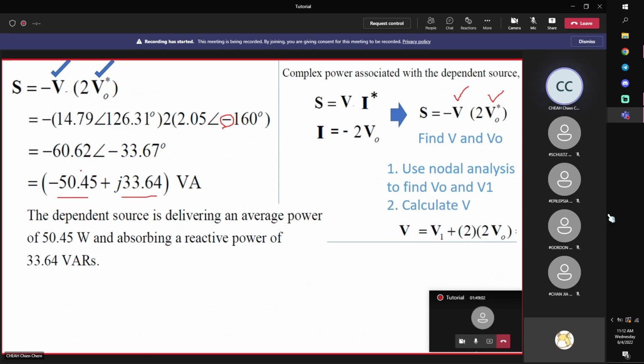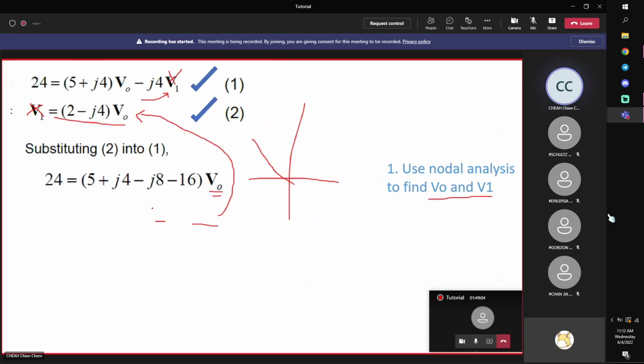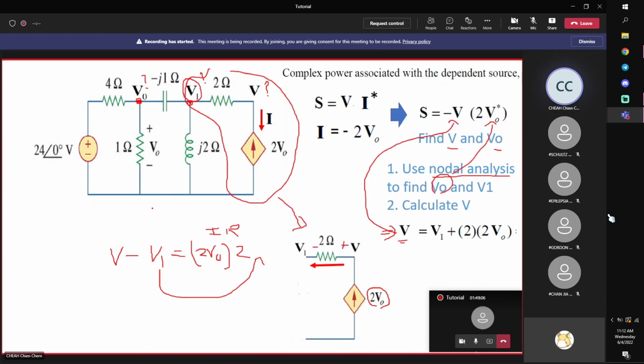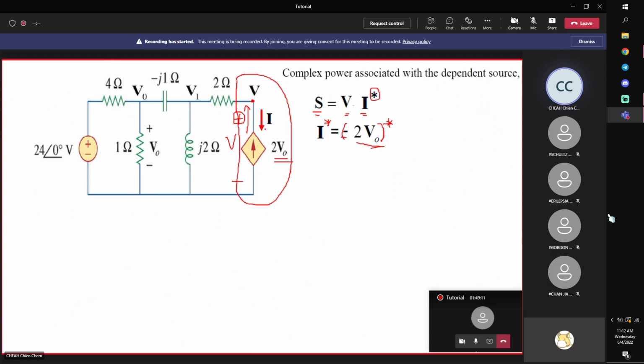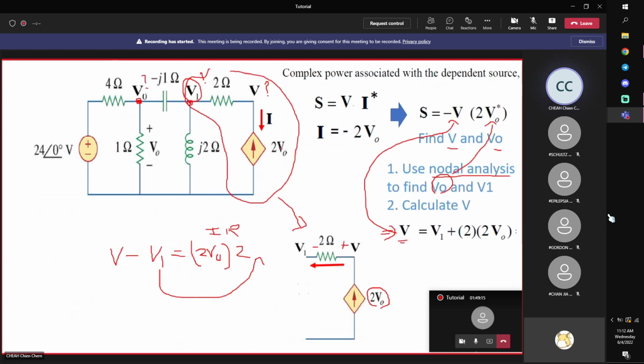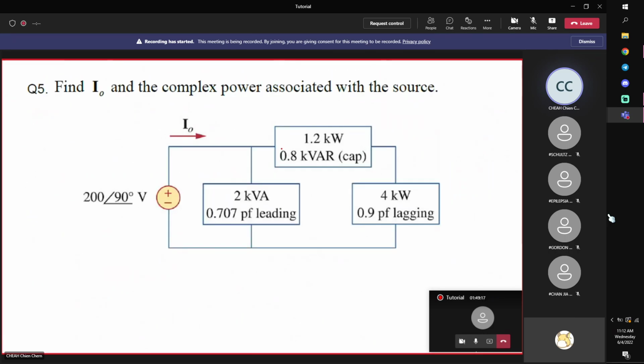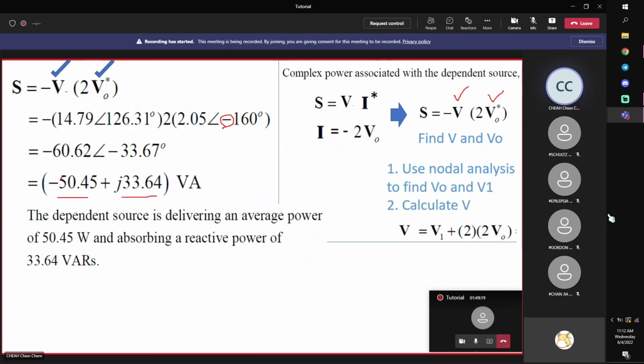Now here, actually at the beginning, we don't really know whether this dependent source is active or passive, right? It depends on whether the current flows in or out of the source. We assume in, but in the end, you get a negative value. So this actually means that this dependent source is supplying power.